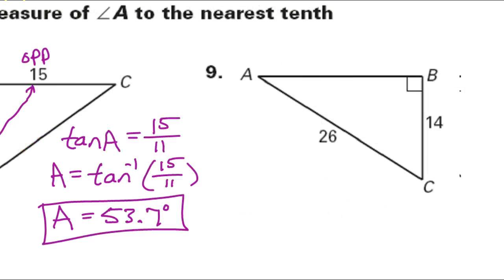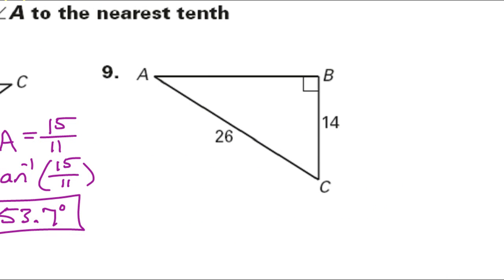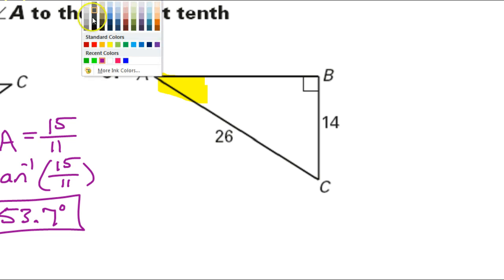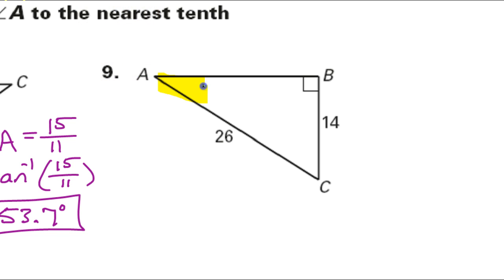How about number 9? We're still finding the measure of angle A, so still focus on that angle right there. We've got these two numbers. Before I just go saying opposite and adjacent, is either one of these the hypotenuse?